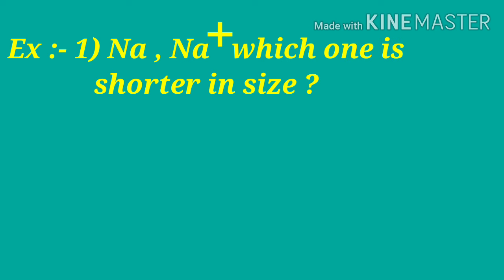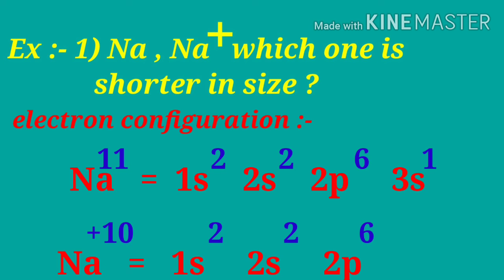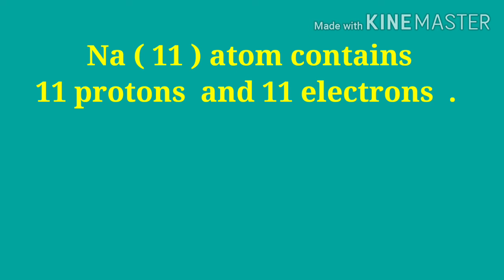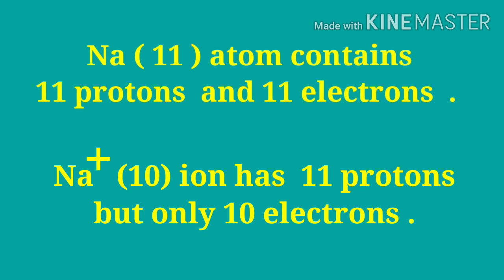Example 1. Sodium atom, sodium cation. Which one is shorter in size? Electron configurations we can see in that picture. Sodium atom contains 11 protons and 11 electrons. Sodium cation has 11 protons but only 10 electrons.